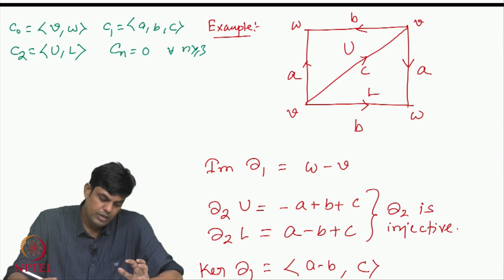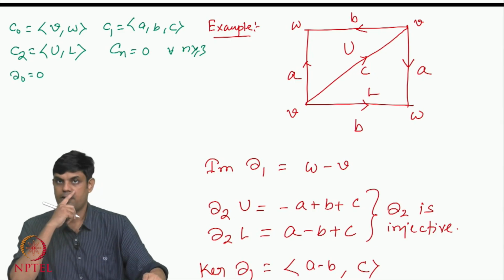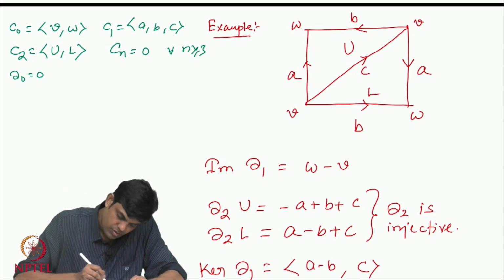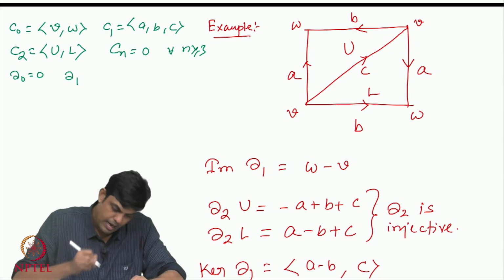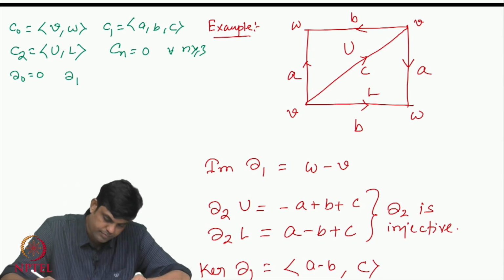So as usual, delta 0 is 0 by the convention. Okay. So now I want to compute what is delta 1. Now if you look at delta 1 and you apply it to A, B or C, one of them. Okay.